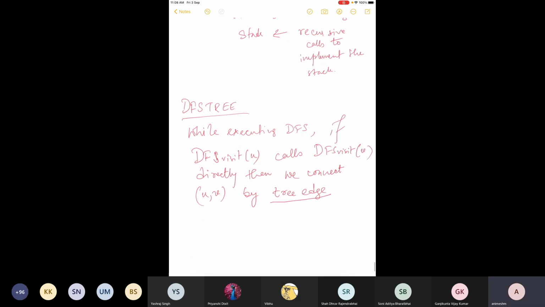We connect UV by a tree edge and name V a child of U.